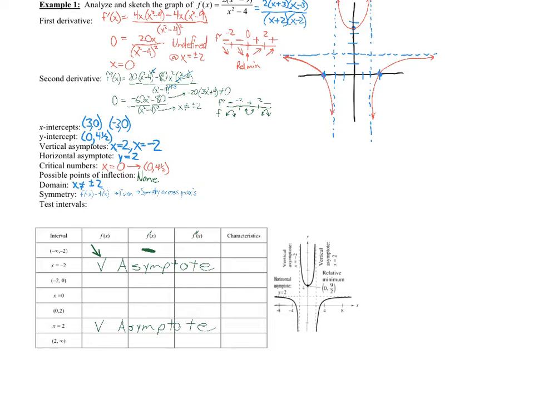Our second derivative is also negative, so it's decreasing and concave down. From negative 2 to 0, the first derivative is negative, but the second derivative is positive, so it's decreasing, but concave up.